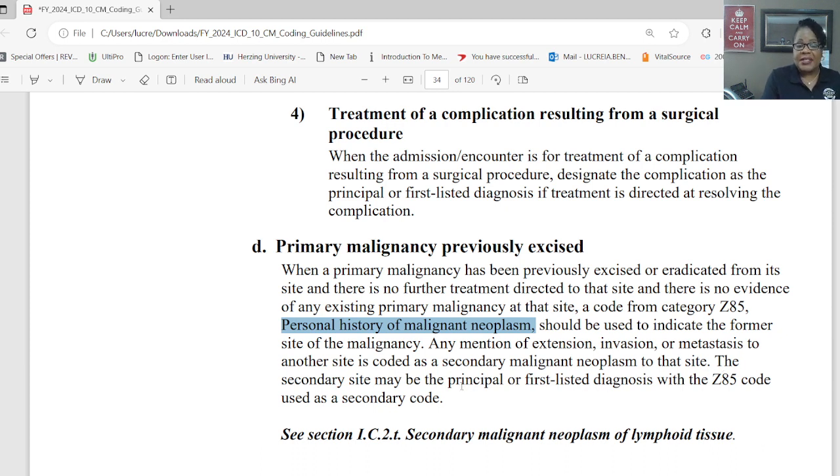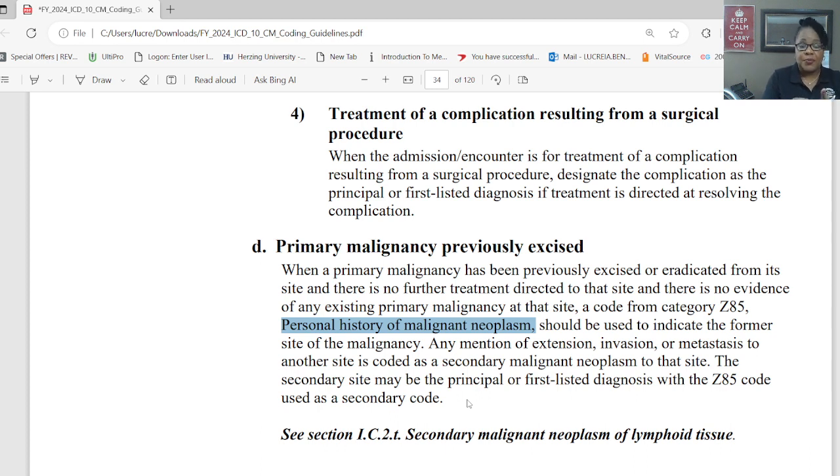The secondary site may be the principal or first listed diagnoses with the Z85 code used as a secondary code. So again, let's just say it was neoplasm of the breast, if you've had the breast removed and it's no longer there, and the patient is not showing any indications of any other neoplasms, then it's a personal history.